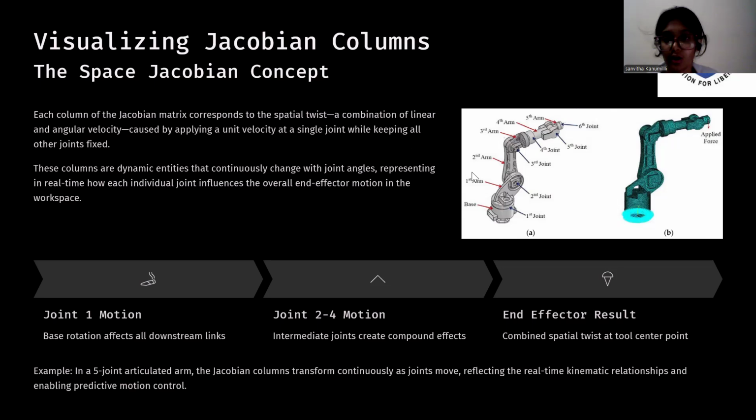Here you can see the picture: this is the first joint, this is the second joint, and here is the base arm. The first joint motion is the base rotation that affects all downstream links, and the joint 2, joint 3, and joint 4 motions are of intermediate joints, which create compound effects.